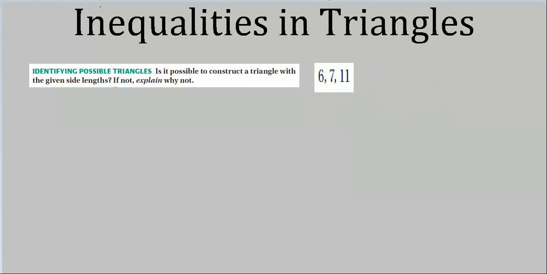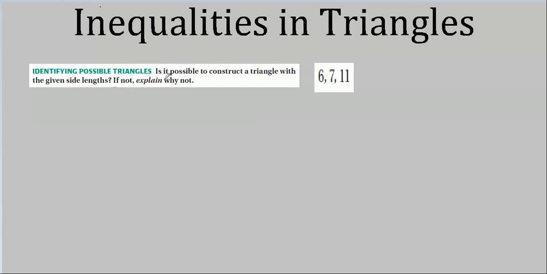Now here I think they expect us to use our triangle inequality. That's the usual shorthand term for the theorem. It's not usually called the triangle inequality theorem. You usually just refer to it as the triangle inequality. It's so well known that it almost has a nickname.